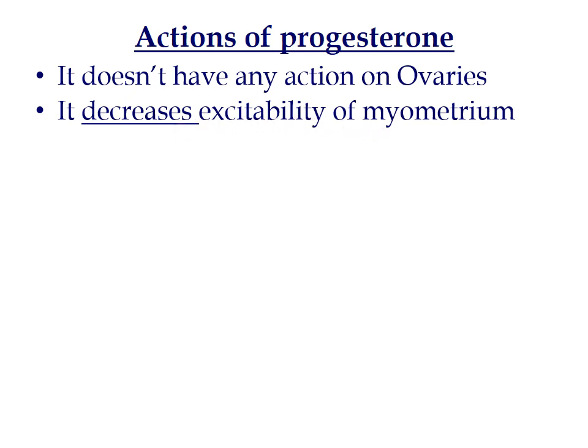The progesterone will be formed after ovulation. After ovulation, we don't want the uterus to be highly excitable, because there are high chances of fertilization to occur and an implant will be coming to the uterus. So at that moment, the progesterone will make sure that the uterus is calm and quiet. It is not excitable.